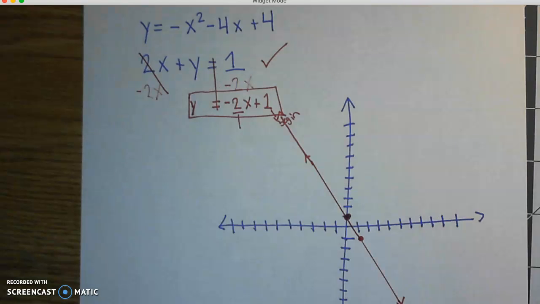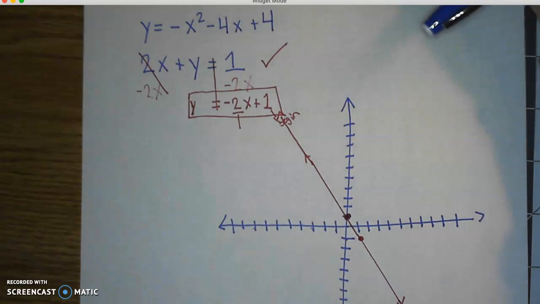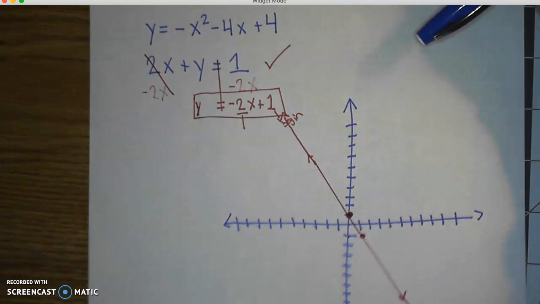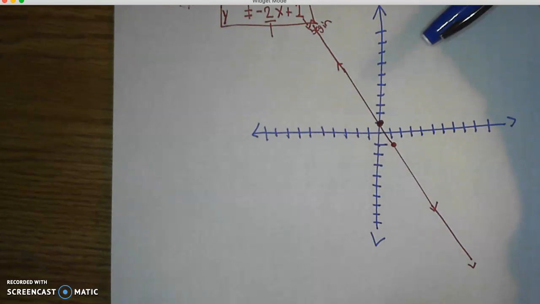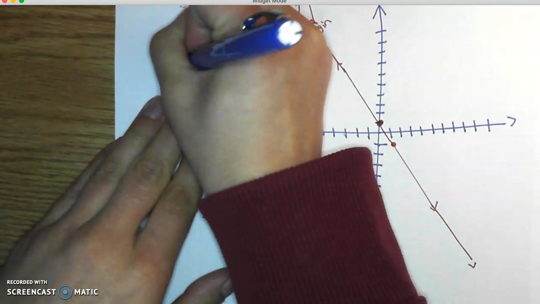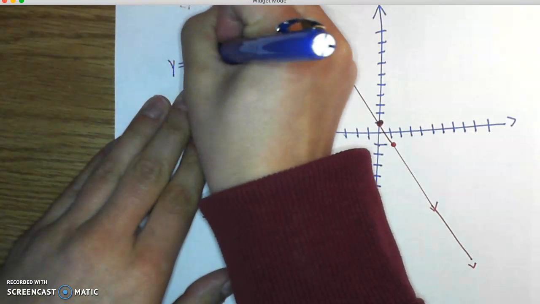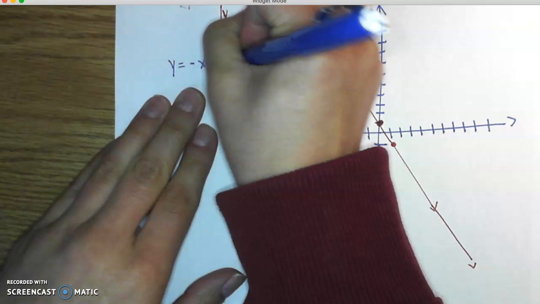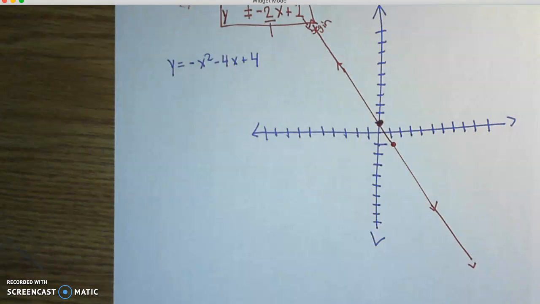Now I have my quadratic equation. It's okay, we can do it. I'm going to move the paper up and I'm going to write the equation on the bottom. Okay, I'm going to write the equation again right here. Y equals negative x squared minus 4x plus 4.